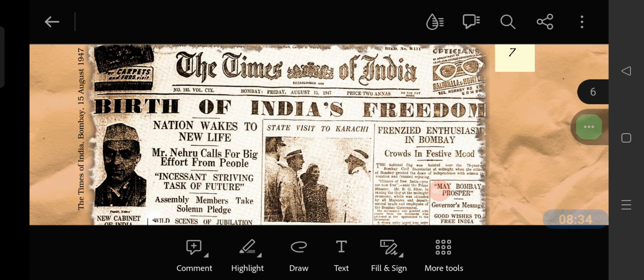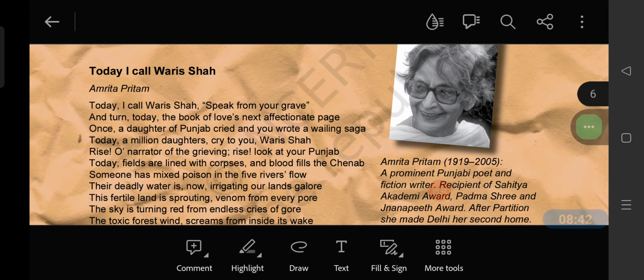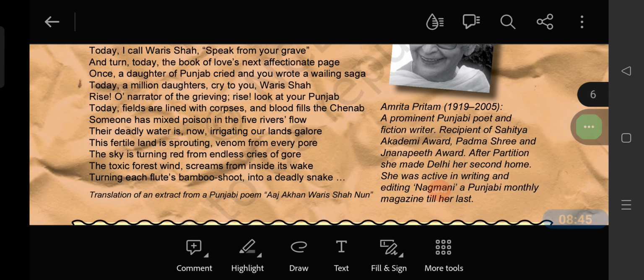Another poet of India is Amrita Pritam. Amrita Pritam also received the Padma Shri and the Jnanpith Award. After Partition, she made Delhi her second home, and she edited Nagmani, a Punjabi monthly magazine.